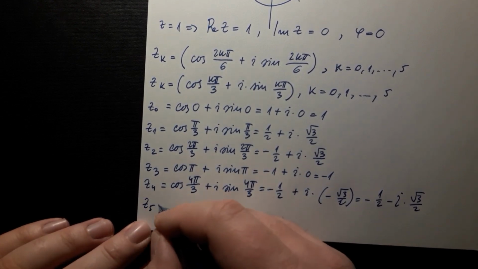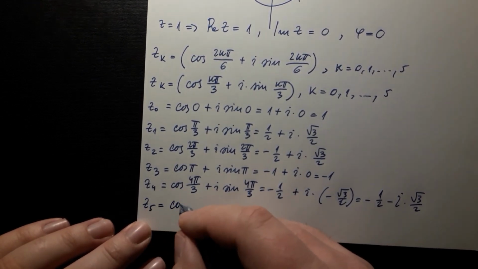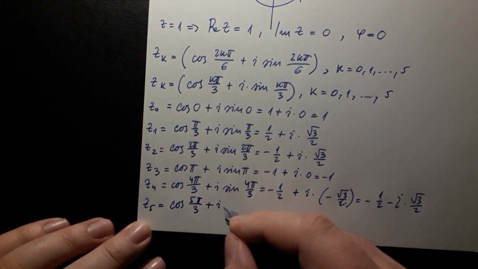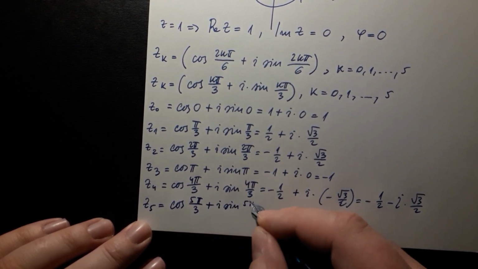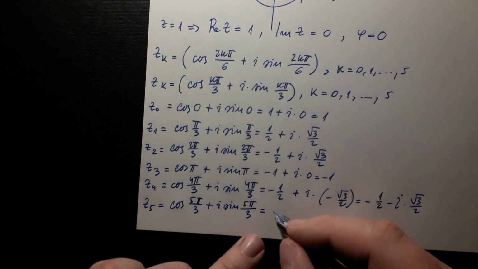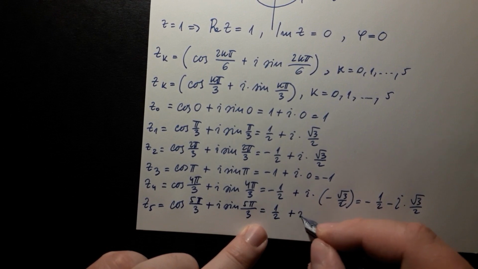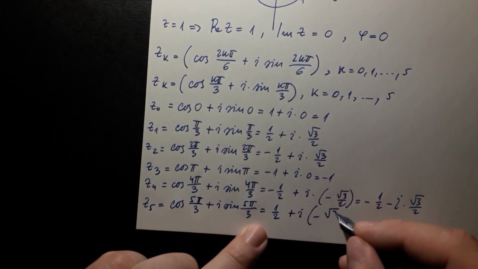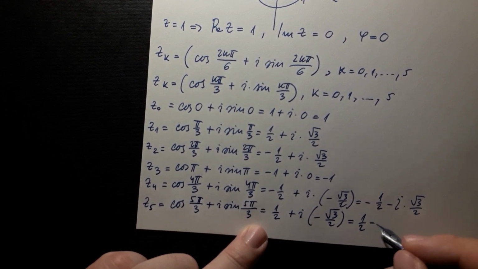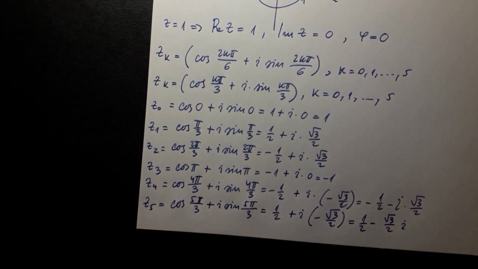And finally, z5 becomes cosine of 5 pi over 3 plus I times sine 5 pi over 3, which is equal to 1/2 plus I times negative square root of 3 over 2, which is equal to 1/2 minus the square root of 3 over 2 I.